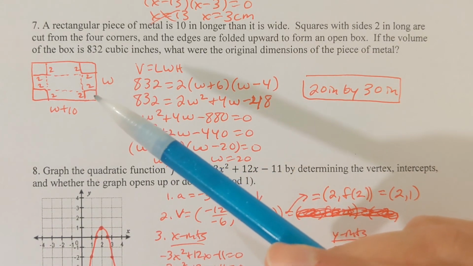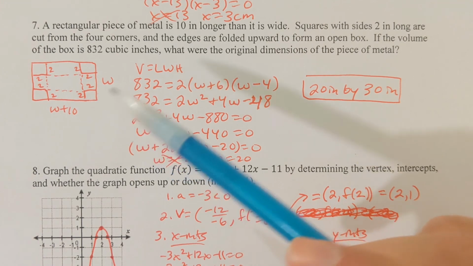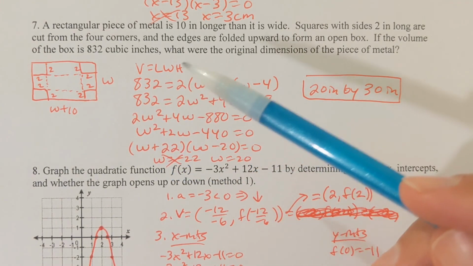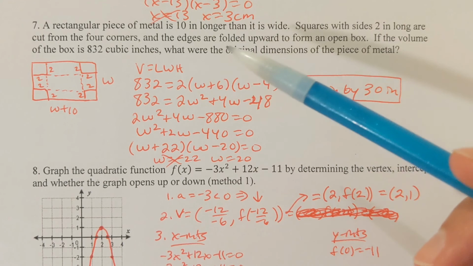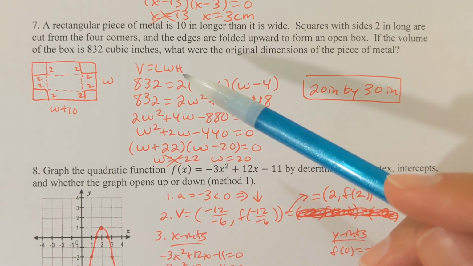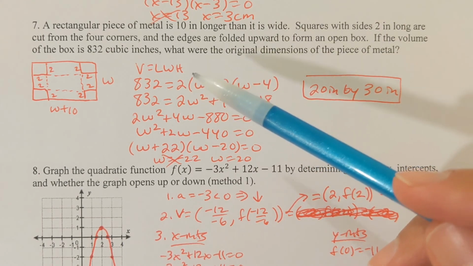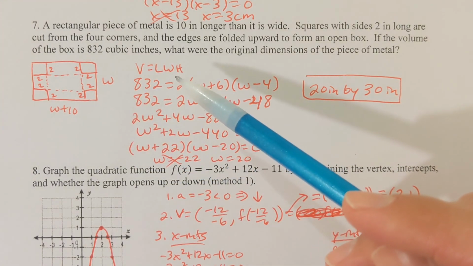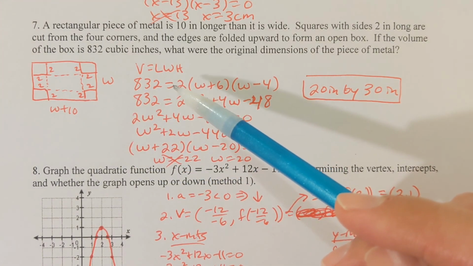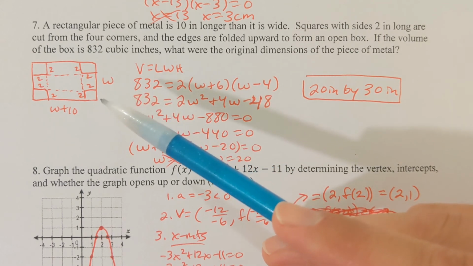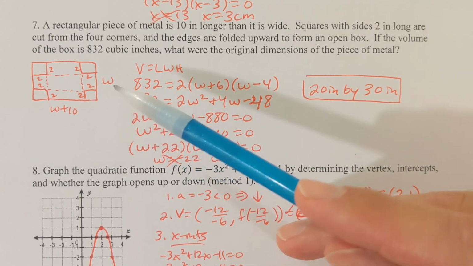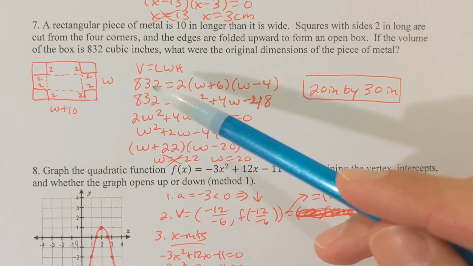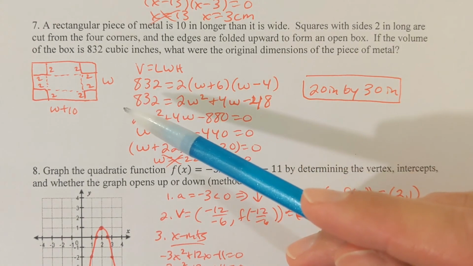Okay, and I fold up the remains to form a box. V is the volume of the box. Okay, V is equal to length times width times height. Over here I'm using little w. Little w and capital W are different from each other. Little w represents the width of the metal. Capital W represents the width of the box.